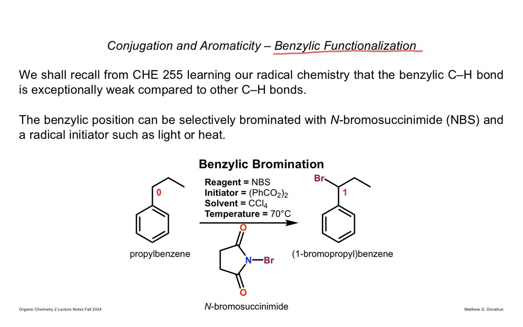So in the first reaction, we're going to use this reagent NBS, which stands for N-bromosuccinimide, and that's shown here. That's a source of bromine that, when we treat with a radical initiator, adding heat, is going to act specifically at the benzylic position.